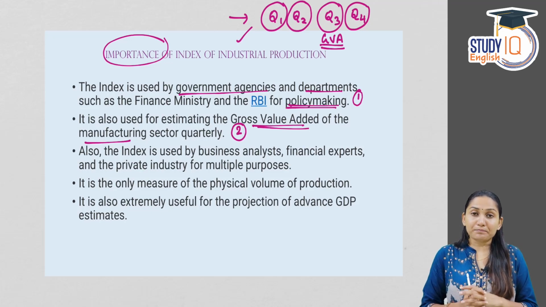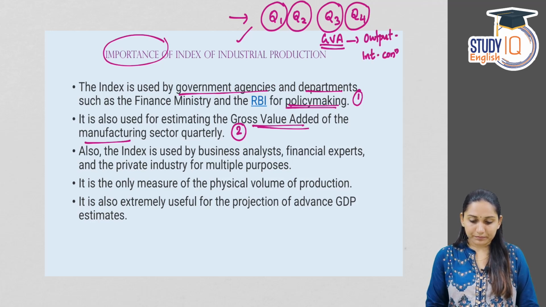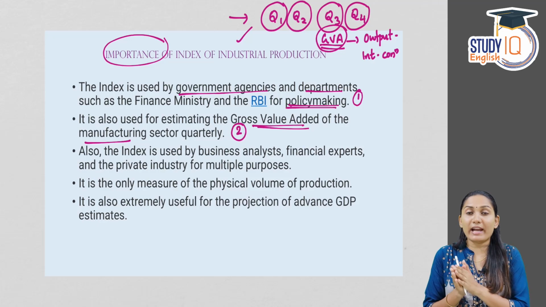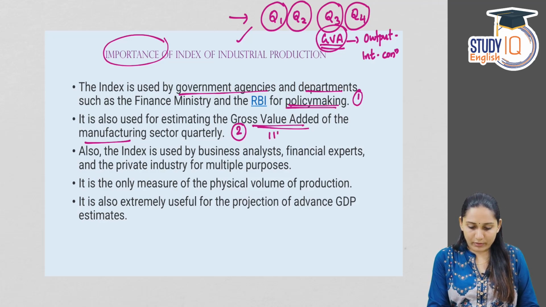It is basically the value addition made, that is output minus intermediate consumption. That is GVA. So for calculating GVA, gross value added, for each quarter separately, IIP is very much useful.